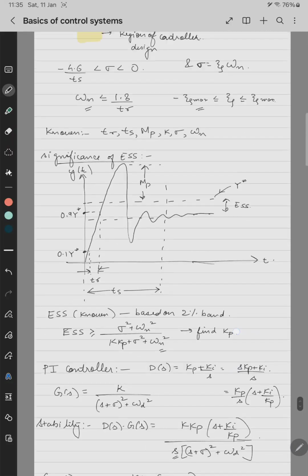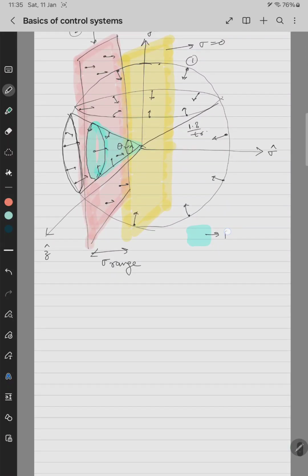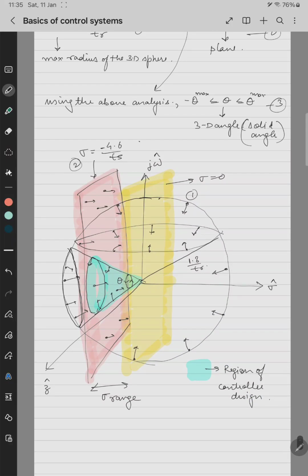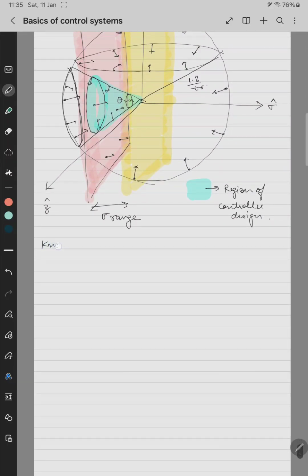What did we call it earlier? Region of controller design. This is the region of controller design. This is just a visualization. Now we can find the Kp and Ki. From this, sigma and omega n are known.